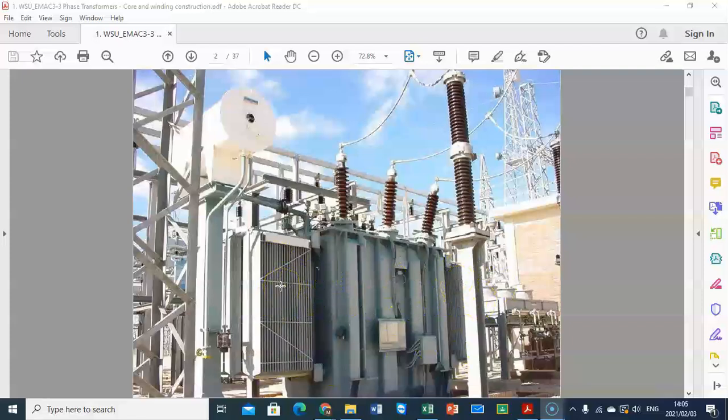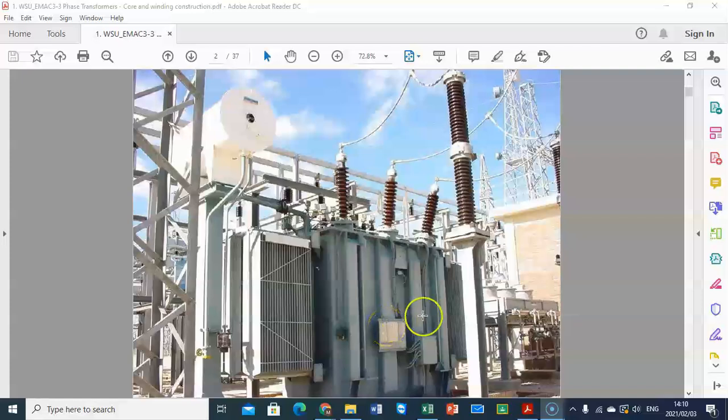Inside the transformer we have 3-phase windings, and the oil will be there to work as a coolant and insulator. The oil is the primary coolant of the transformer, but as we load the transformer, because of the losses inside the core, which are eddy current losses and hysteresis losses, and also the copper losses, the temperature of the oil will increase.